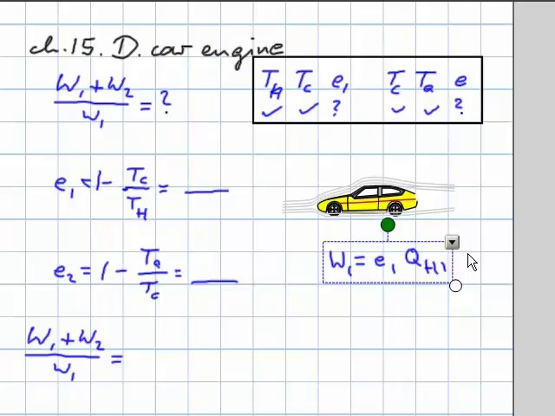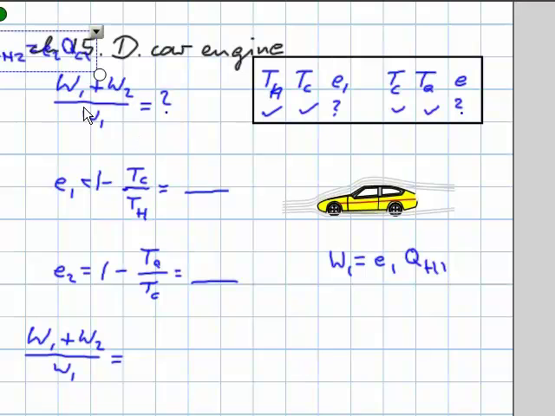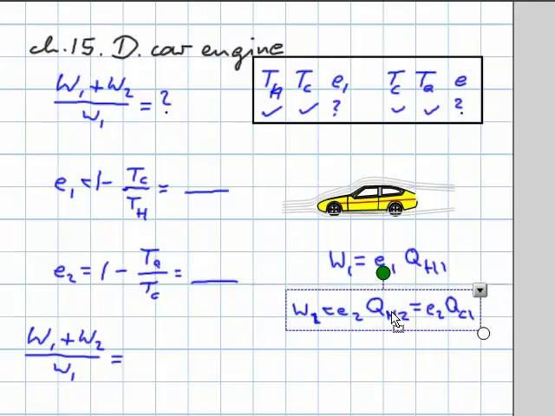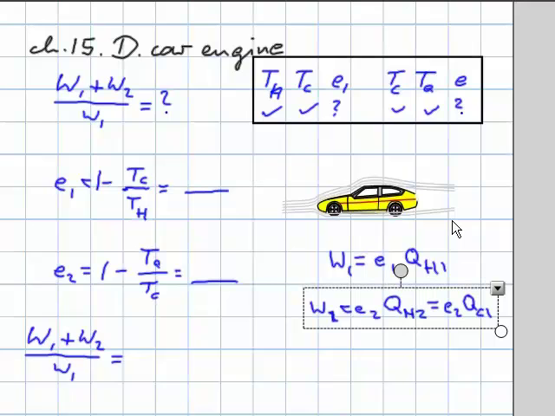Okay, now for W2, I'm going to do something similar. The work 2 for the second engine is the efficiency of the second engine. And again, in the very top right corner, it should say E2, not just E. So efficiency of the second engine times the heat input to the second engine, which is the rejected heat from the first engine.